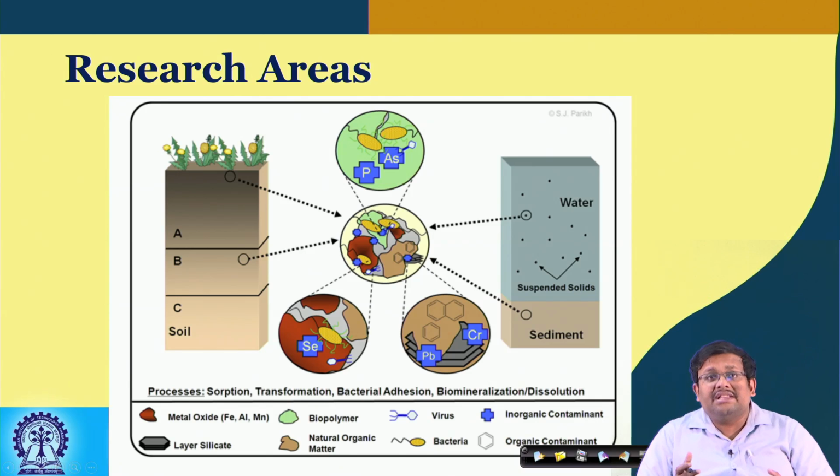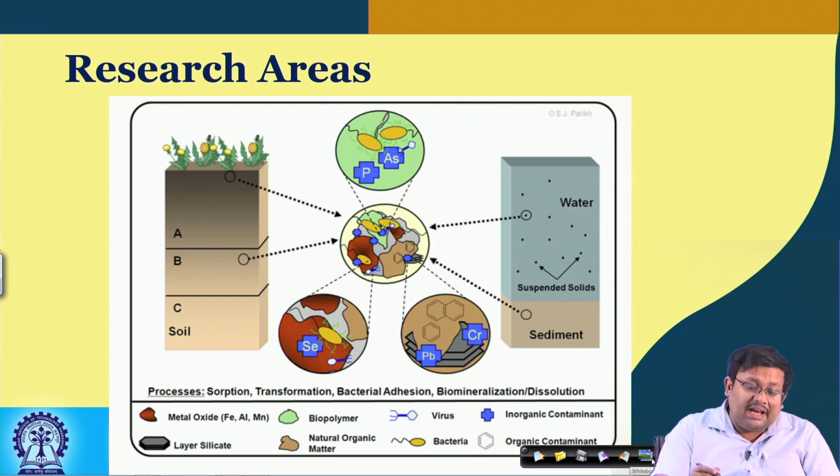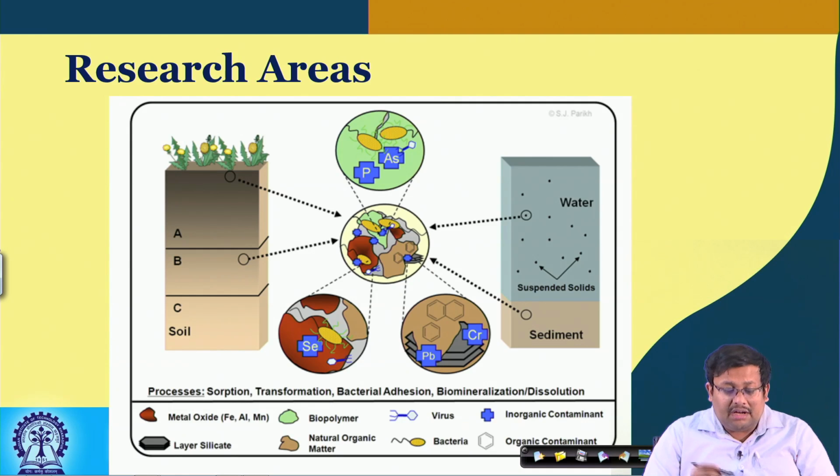So, at last I just want to focus on this slide, which basically shows the contemporary research areas in the environmental soil chemistry domain. If you see, there are a number of advanced research areas nowadays in environmental soil chemistry.